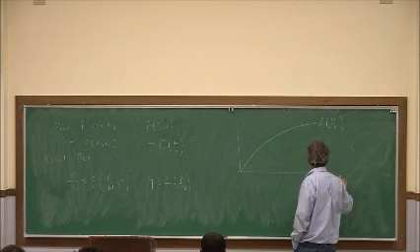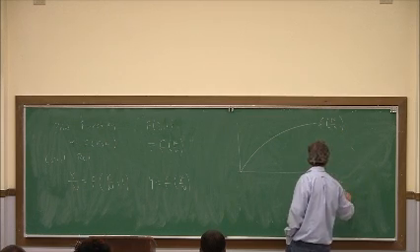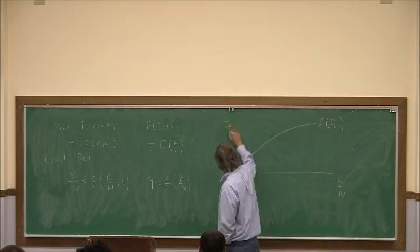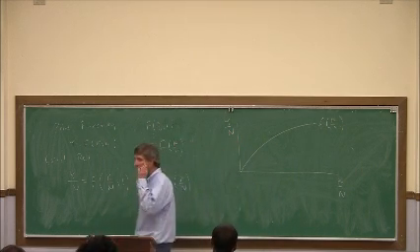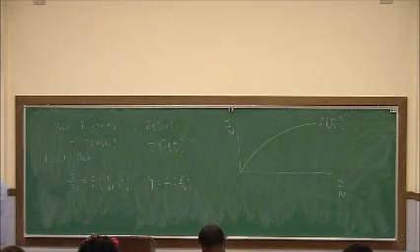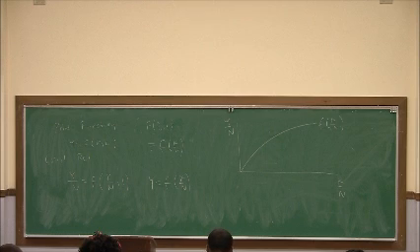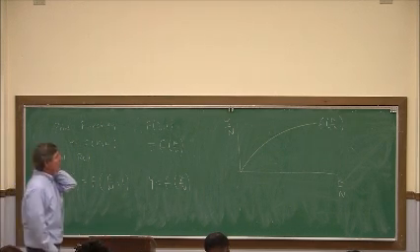This is K over N, and this is Y over N. So that's a graph of the relationship between the standard of living and capital per worker.